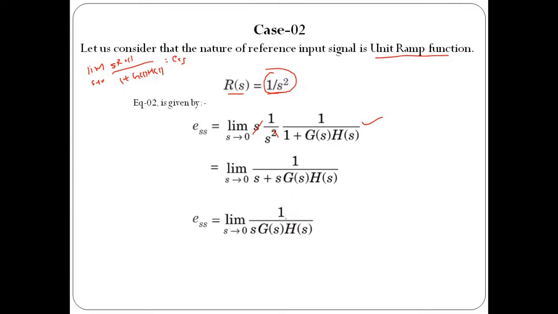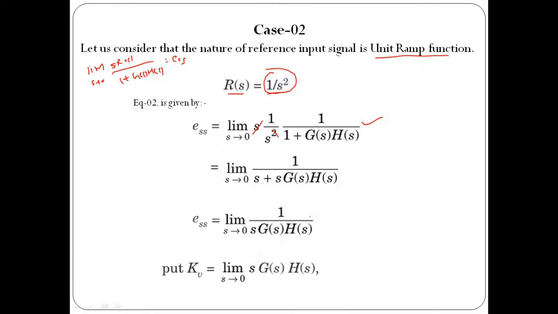And finally, if you separate numerator and denominator, it will be like 1 upon limit s tends to 0, s into G(s) into H(s). Now this particular term is known as Kv, velocity error coefficient.